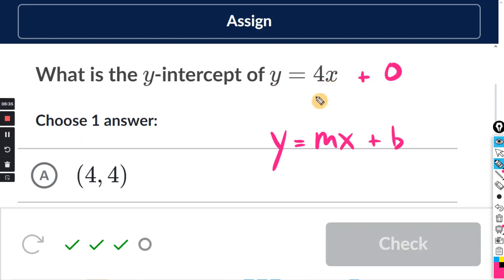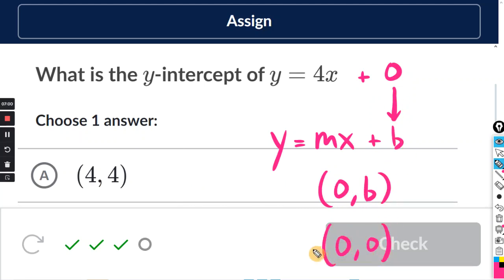It's still y equals 4x, because adding 0 changes nothing. Now we can see the y-intercept is 0. Remember, for the coordinates of the y-intercept, the x is always 0, and the y-coordinate is your b. The value of b is 0. So that's it, 0, 0.